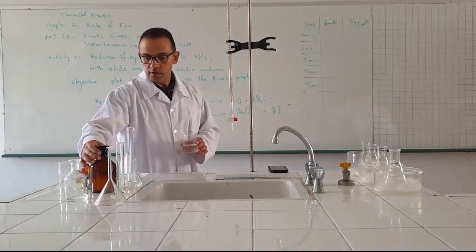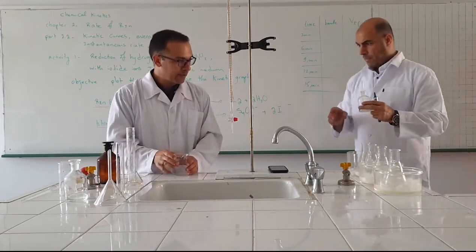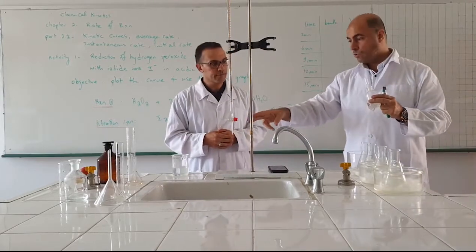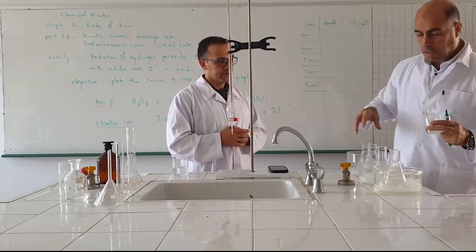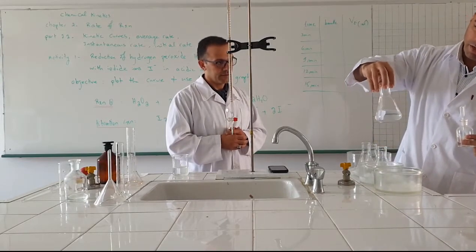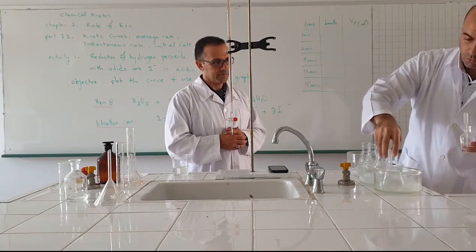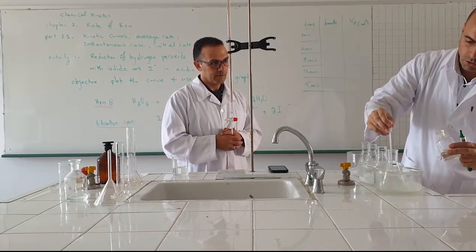Still we need the hydrogen peroxide solution, but first of all, before adding the hydrogen peroxide solution to the reaction mixture, we are going to prepare 4 Erlenmeyer flasks. In each flask, we add 150 milliliters of distilled water and 2 milliliters of starch solution.